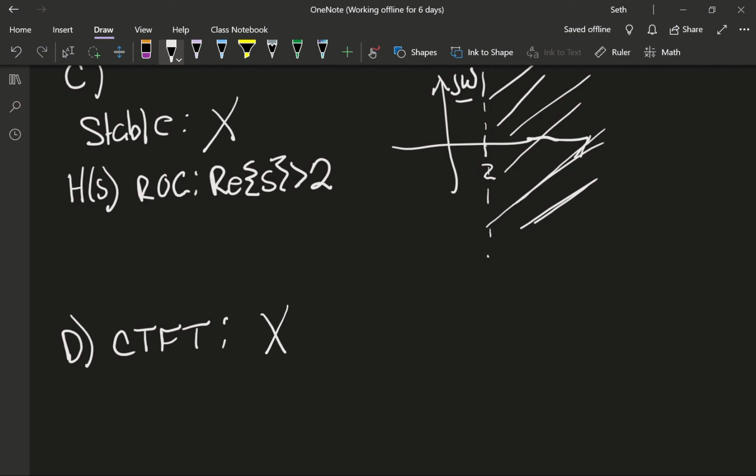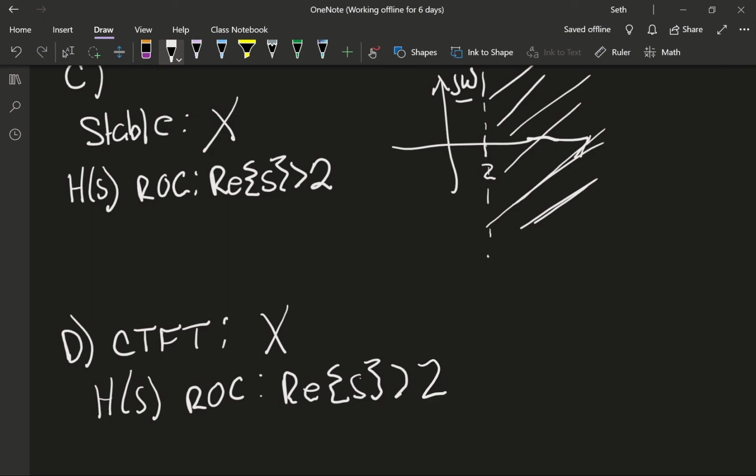It does not, because the region of convergence for s, again, is the real part of s greater than 2, which is graphed here, doesn't contain the j omega axis, and it needs to contain the j omega axis for the continuous time Fourier transform to exist. So again, write that definition down on your cheat sheet.